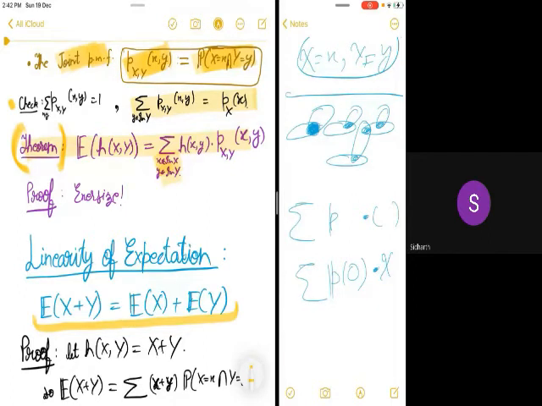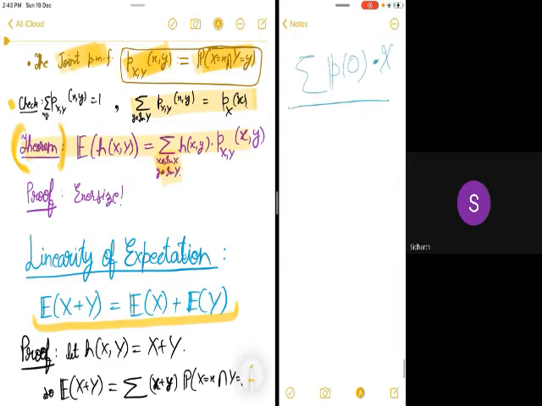Yes. Also notice that on these intersection regions, our random variables X and Y are both specified, because these are defined as the regions where X takes the value small x and Y takes the value small y. For now, try proving this using the theorem.